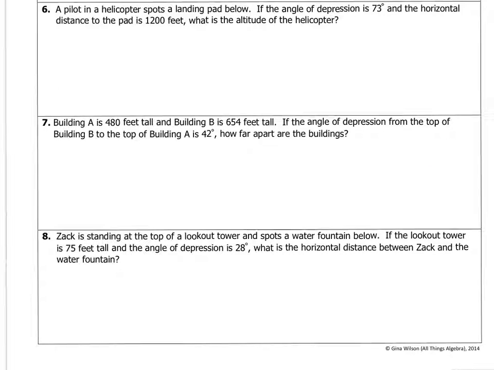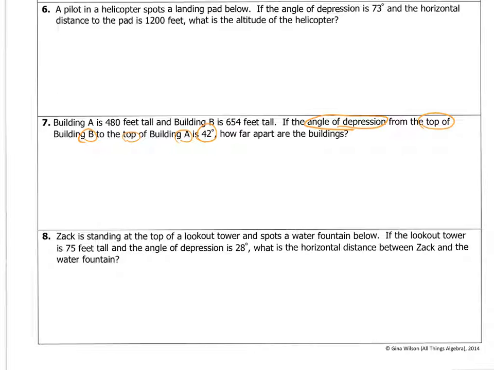Let's look at number 7. Building A is 480 feet tall and building B is 654 feet tall. If the angle of depression from the top of building B to the top of building A is 42 degrees, how far apart are the buildings?